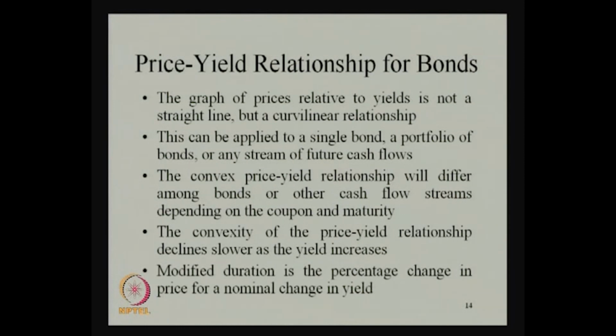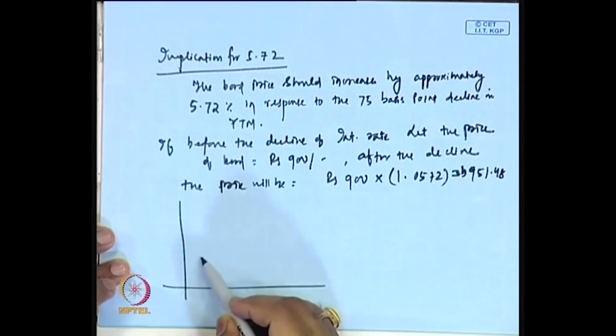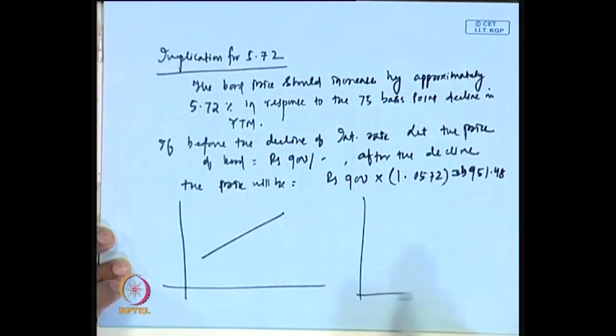The graph of price relative to yield is not a straight line, but a curvilinear relationship. You already know how the yield-price relationship curve looks. This can be applied to a single bond, a portfolio of bonds or any stream of future cash flows. Basically, this relationship is not a straight line, it is this curve.